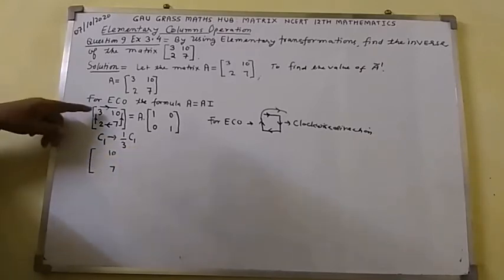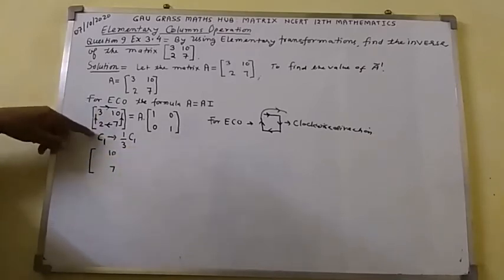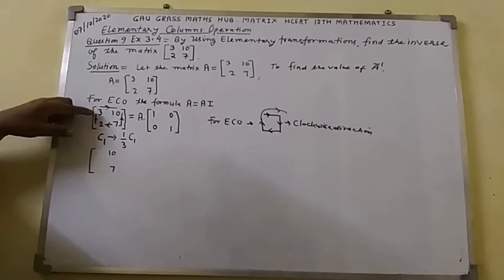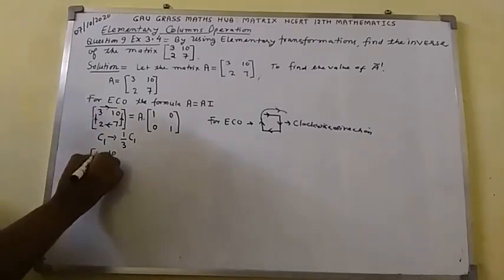Here you can see, this is the column C1, the first element of the column C1. C1 goes to 1 upon 3 C1. The element 3 will be divided by 3, and comes out to 1.